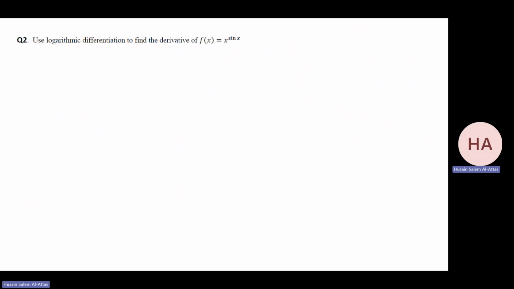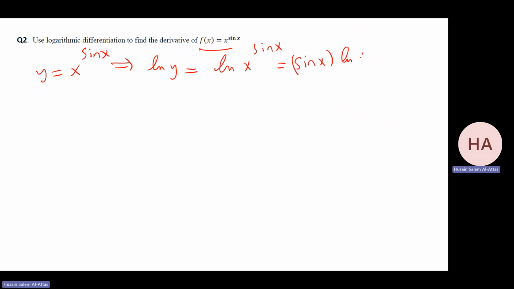Use logarithmic differentiation to find the derivative of this power function. So we take ln y equal x to the power sine x. That implies ln y will be equal to what? Sine x times ln x.